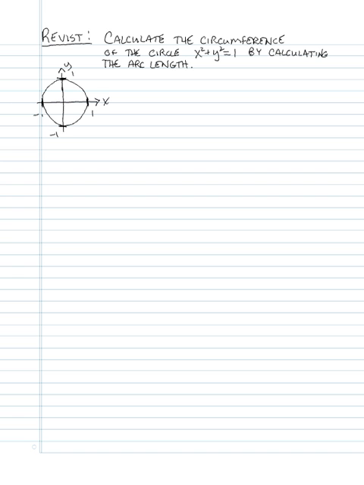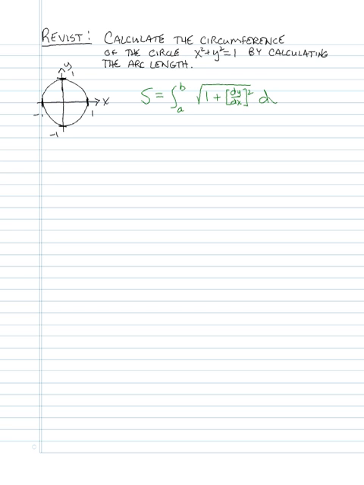Now, notice I said revisit. The reason I said revisit is because we've looked at this problem before, but when we did, we ran into some problems and we had to do something a little bit special. So first, let's decide that the arc length formula looks like this: S for arc length, or L we could say, is the integral from a to b of the square root of 1 plus the derivative of y with respect to x, squared.